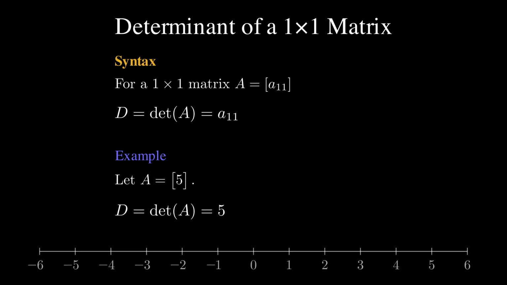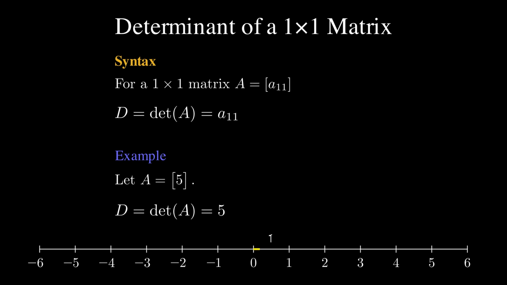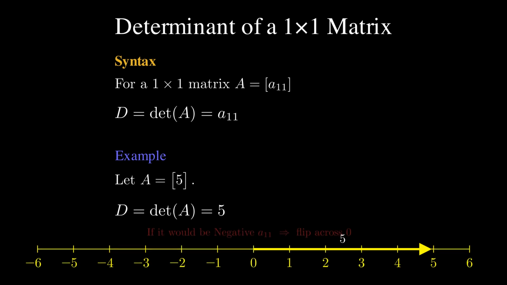Geometrically, a 1x1 matrix just multiplies numbers. So det A equals 5 means lengths scale by 5. The unit segment from 0 to 1 becomes a segment from 0 to 5. If that single entry were negative, the number line would flip direction. That's the determinant for a 1x1 matrix, just the entry itself.